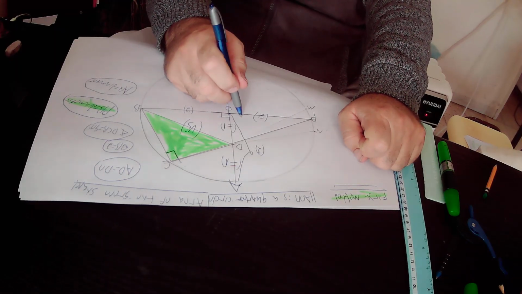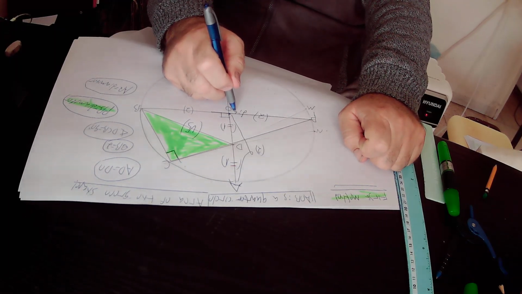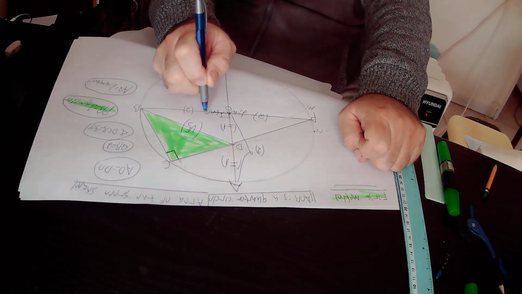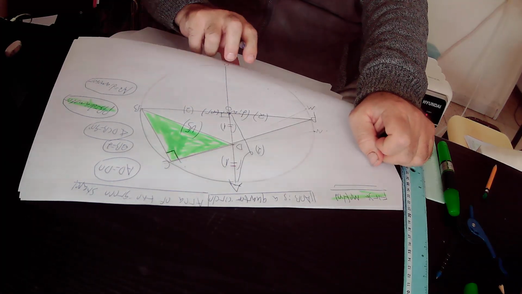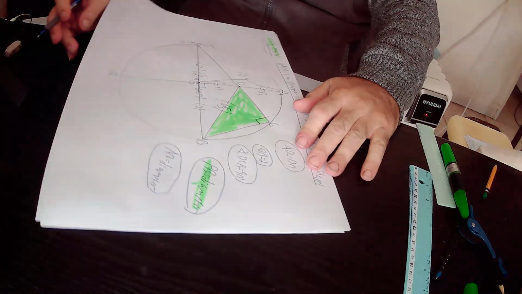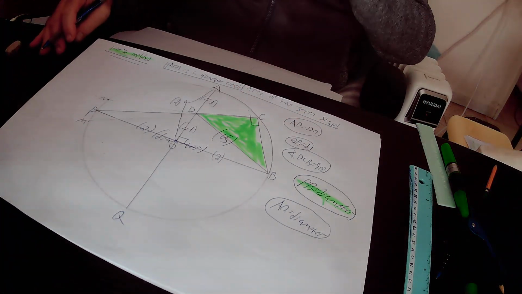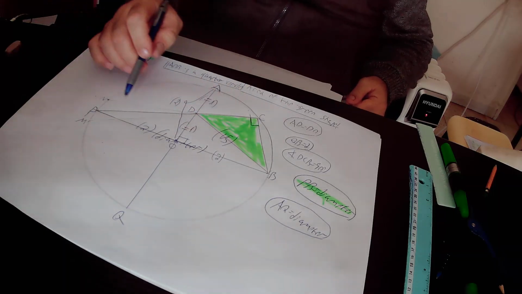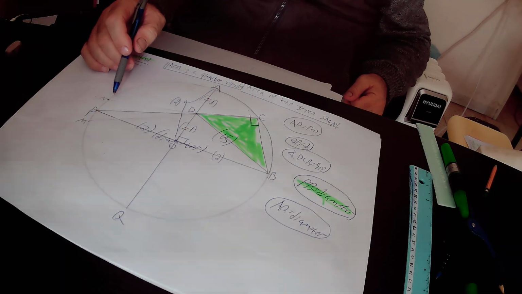PB is the diameter of the circle according to what we already found out.